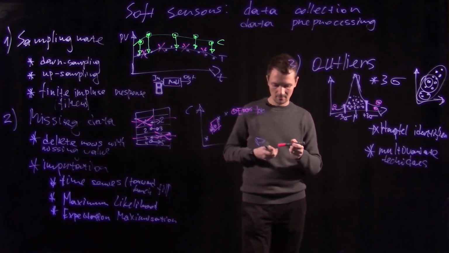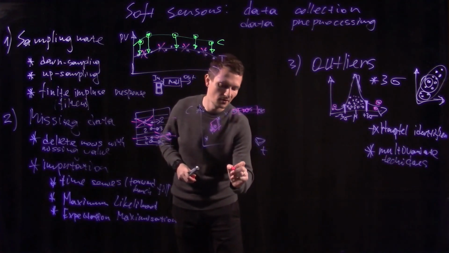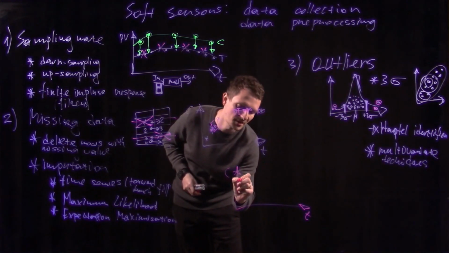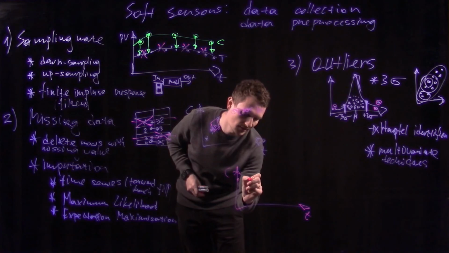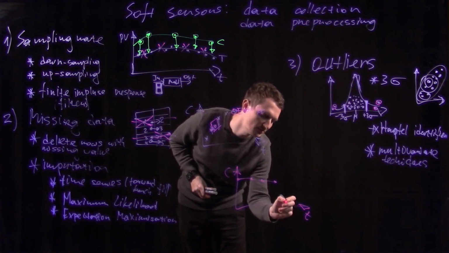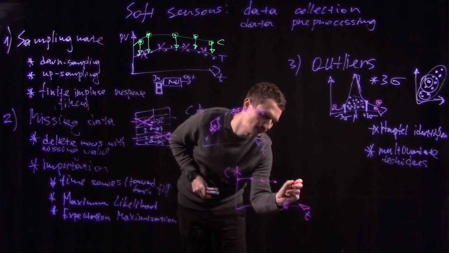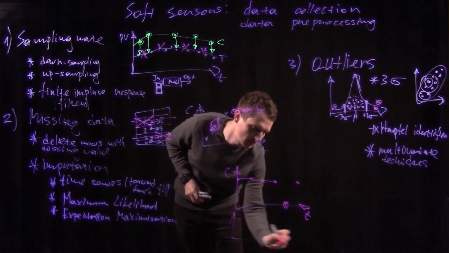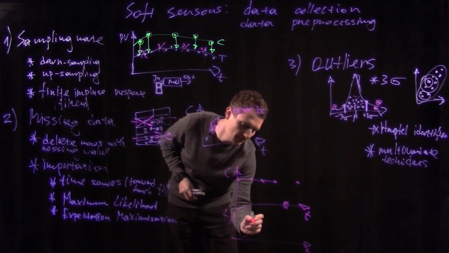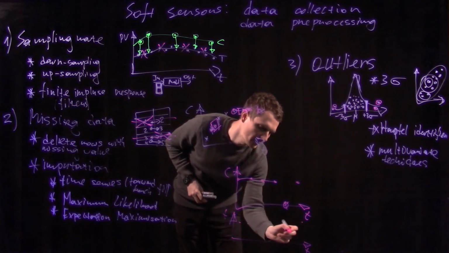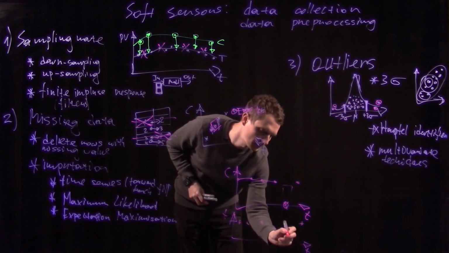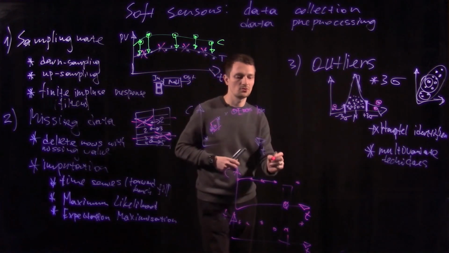Because the same way, if you have your real-time data with concentration measurements, here it's okay. But at some point you don't have any data at all. But you have other features, for example, temperature, that have data. And to run the model for this time, you need for sure also this one.